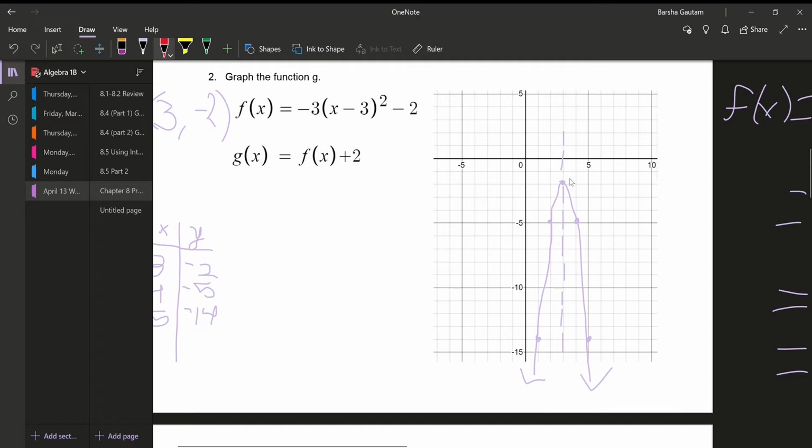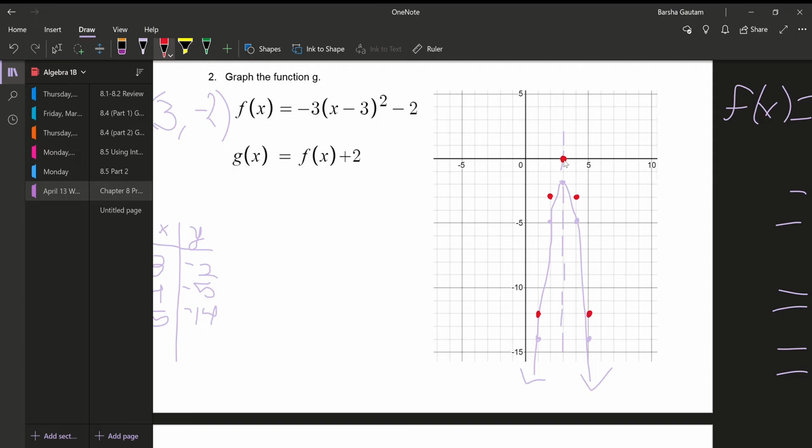So we're going to move this point over here up 2. So 1, 2. So our new point is going to be right here. And then we're going to move this point up 2 as well. So the new point's right here. This one's also going to go up 2. This one will also go up 2. This point will also go up 2.